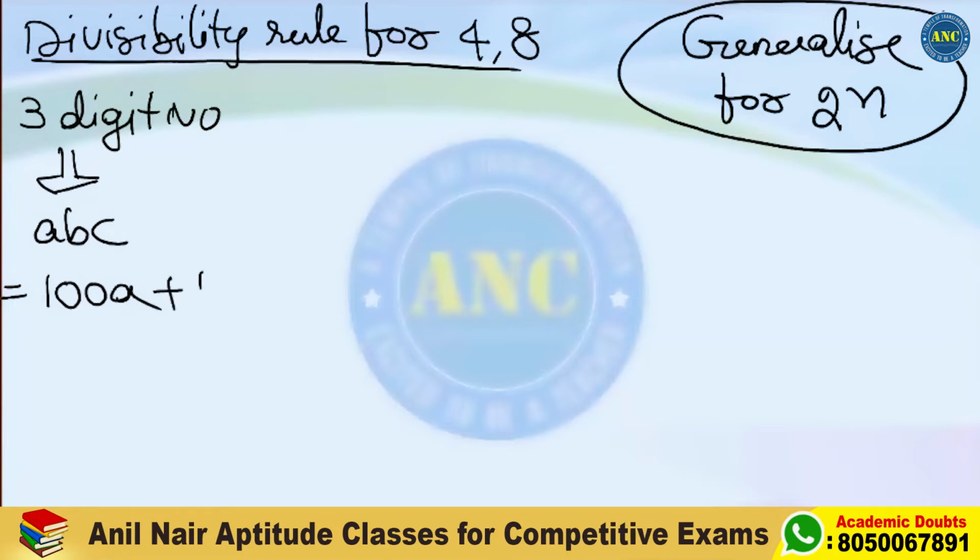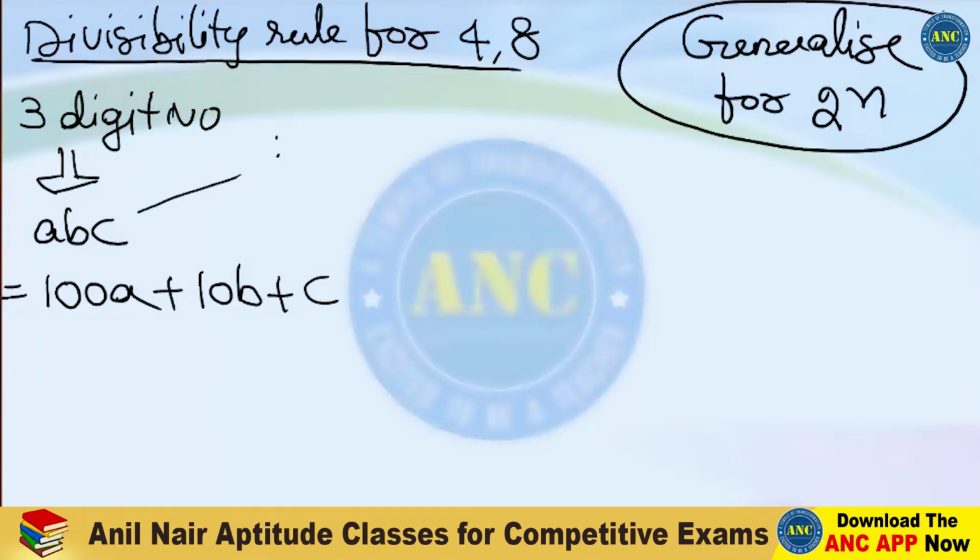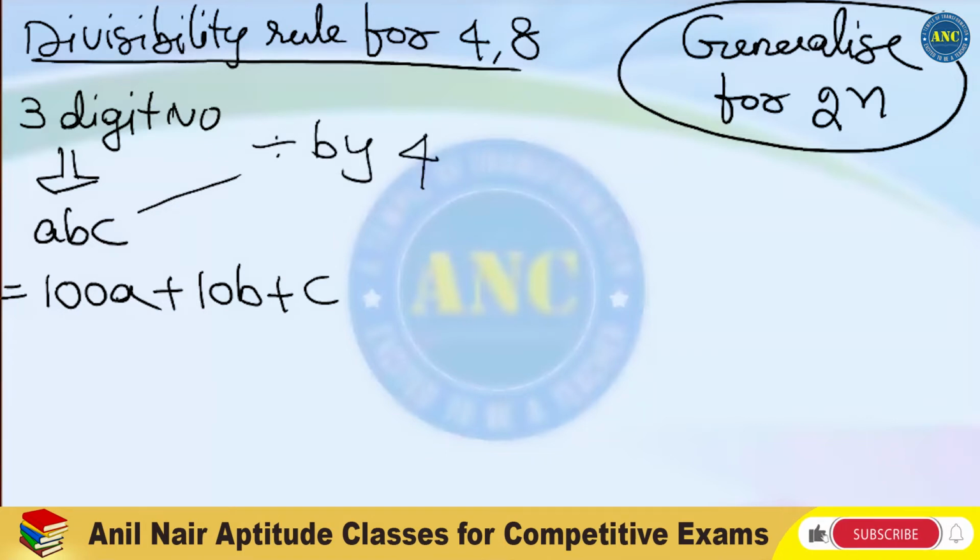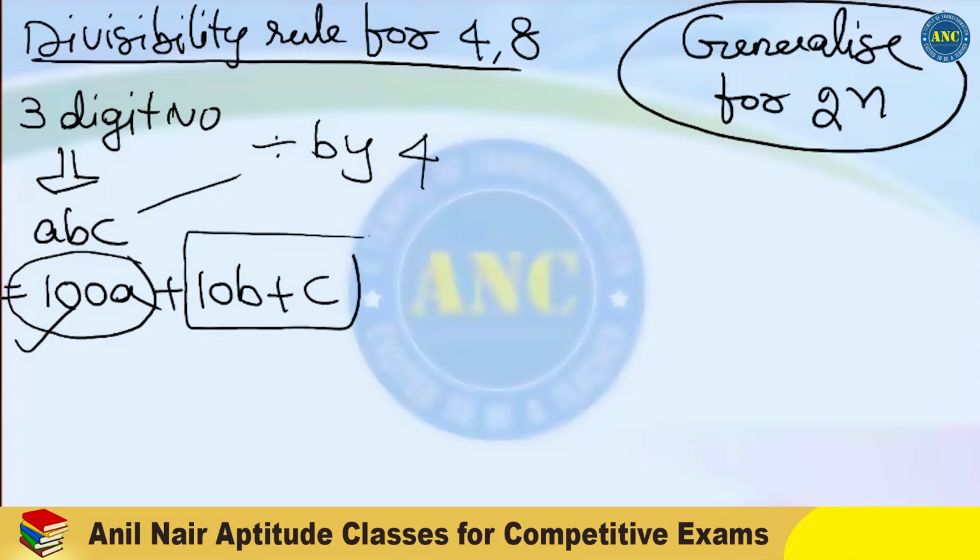B is in the tens place, 10B, plus C. So 100A plus 10B plus C. Now, if ABC is divisible by 4, 100 is nothing but 4 into 25, so that part is divisible by 4. 10B plus C should be divisible by 4. 10B plus C is nothing but the last two digits, BC.